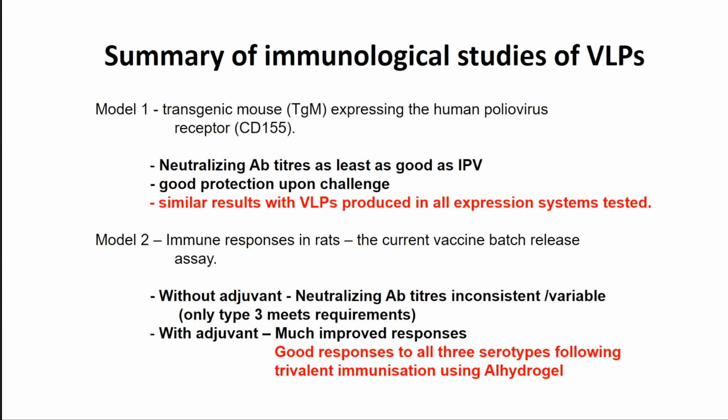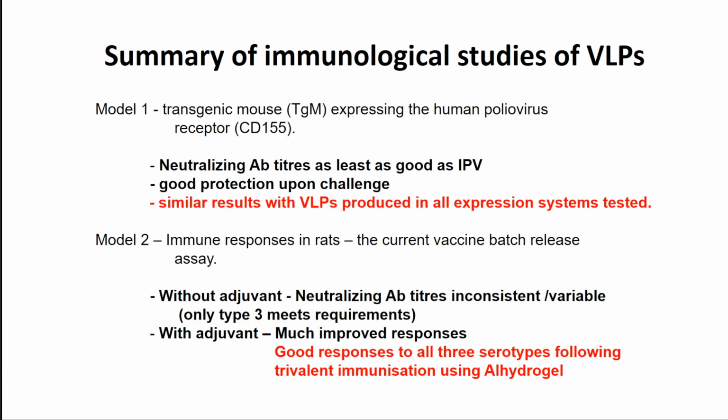Model 2 is perhaps the more important one because it's the batch release assay, which is the immune response in rats. And here we found a bit of a disappointment: without adjuvant, the VLPs were less immunogenic, and the neutralizing antibody titers that we induced were variable and mostly less than IPV.